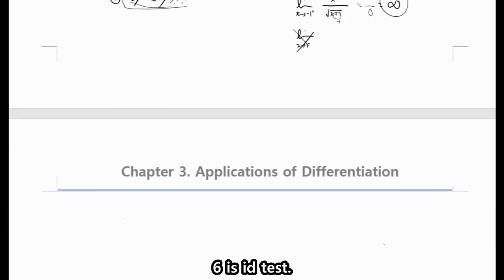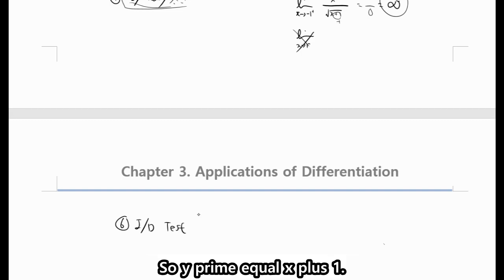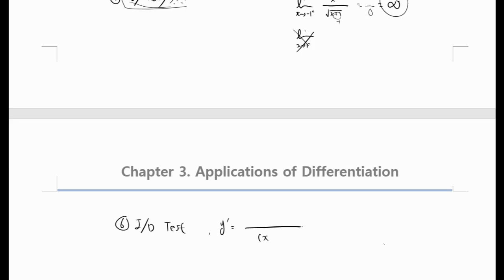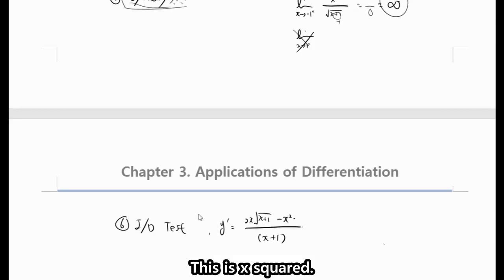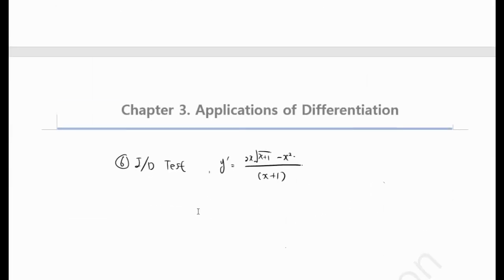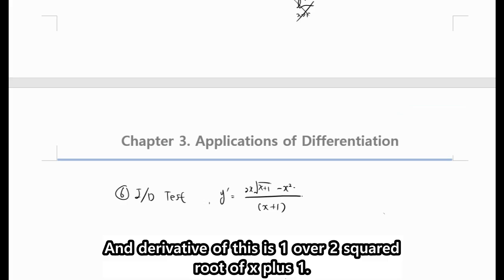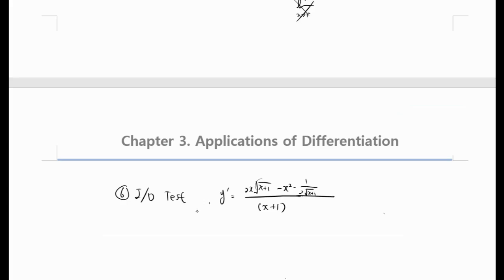Test by using the first derivative. So y prime equals square root of x plus 1 times 2x, minus x squared, where the derivative of the square root of x plus 1 is 1 over 2 square root of x plus 1, right?